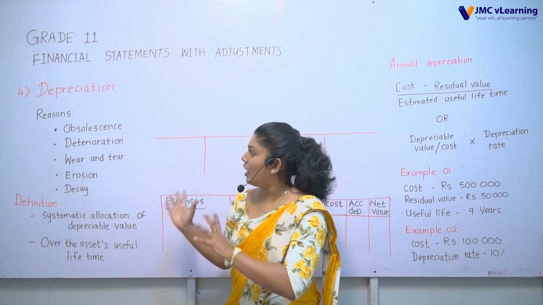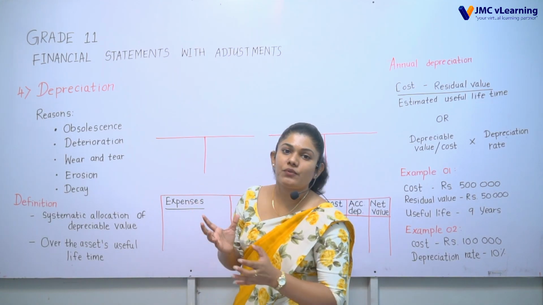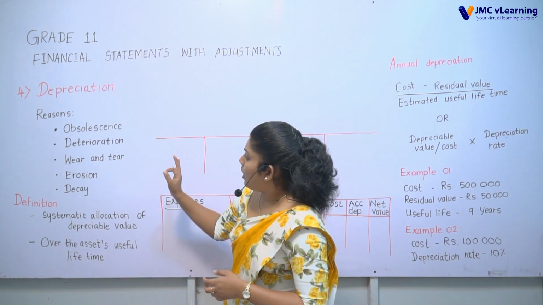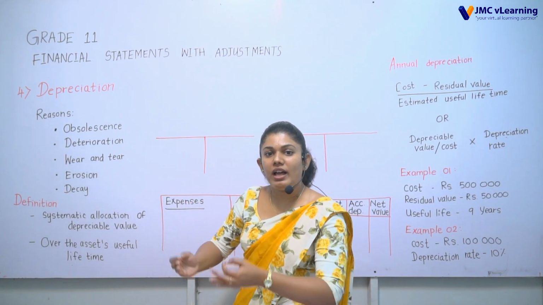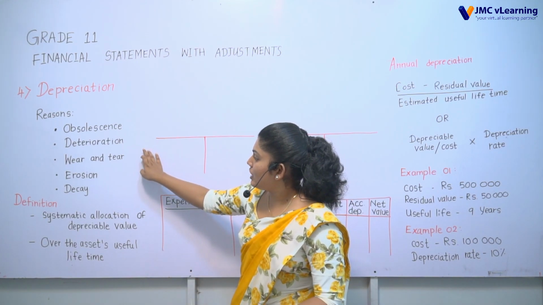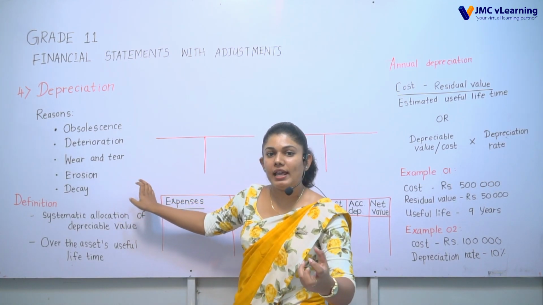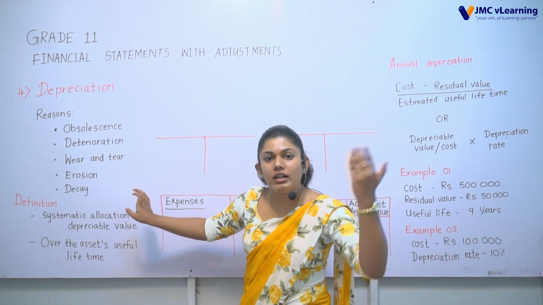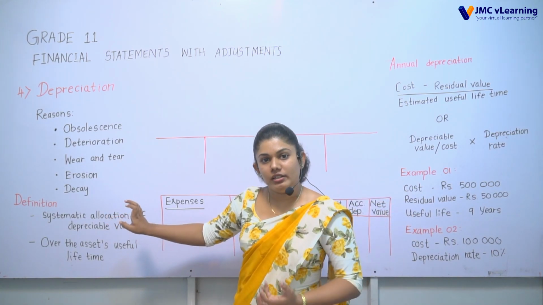Here I have written down the reasons for depreciation. These are some common reasons. Number one, obsolescence, which means wearing off. With time, the value and productivity are decreasing. Then deterioration, wear and tear, and erosion. Erosion means if you take an asset like land, located in a higher place or near a moisture place, it will get eroded.